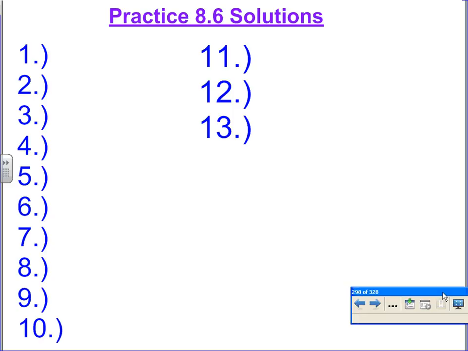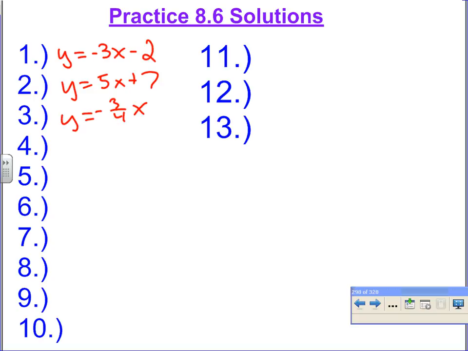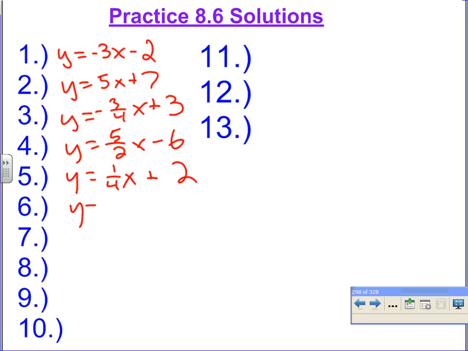All right, Steve, we're going to start with you here. Number 1 on the homework. What did you get? Good job. Neil, number 2. Good. Abigail, number 3. Good job. Greta, number 4. Good job. Gio, number 5. Good job. Number 6, Drew. Nope, you're close.